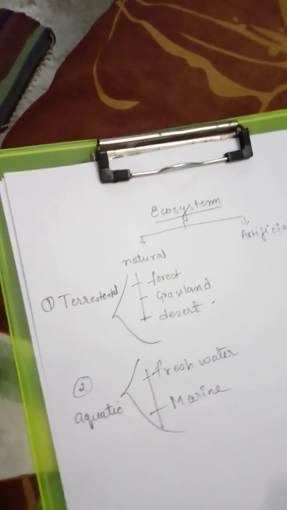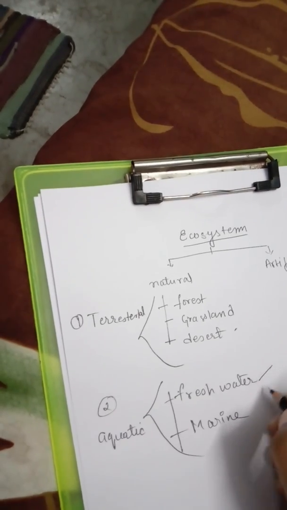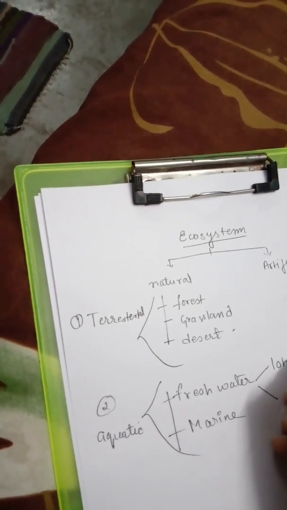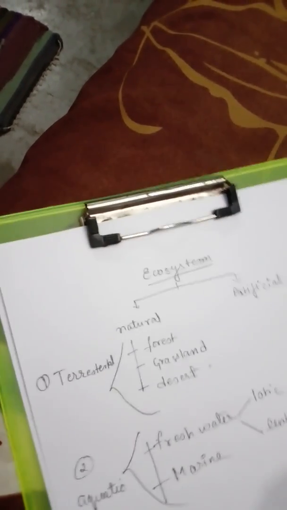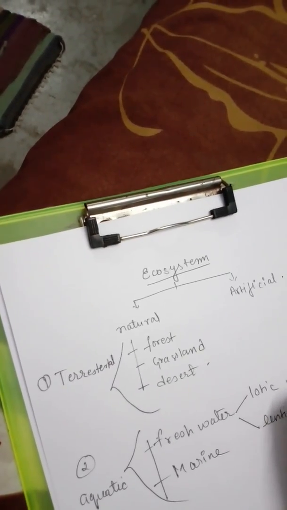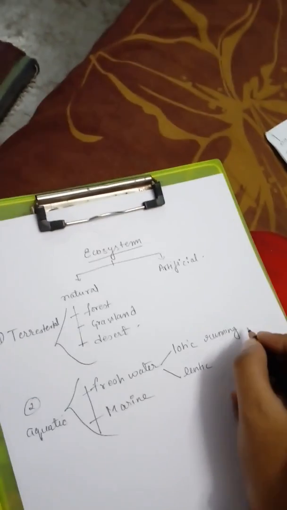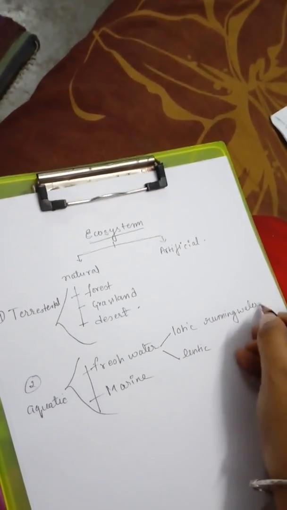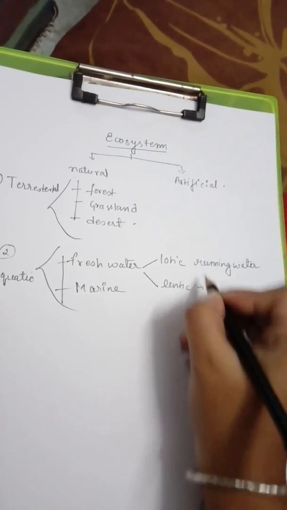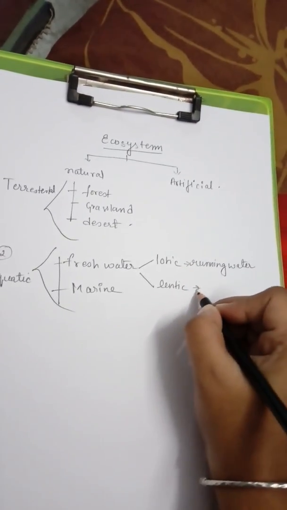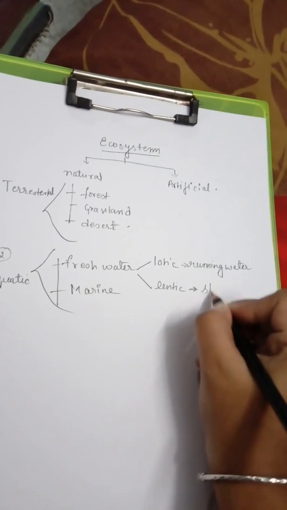Now in freshwater, there may be two types, lotic and lentic. Lotic is running water, and lentic is standing water.